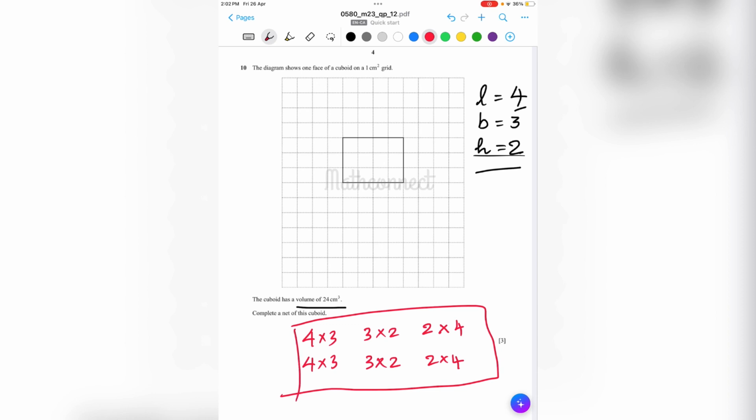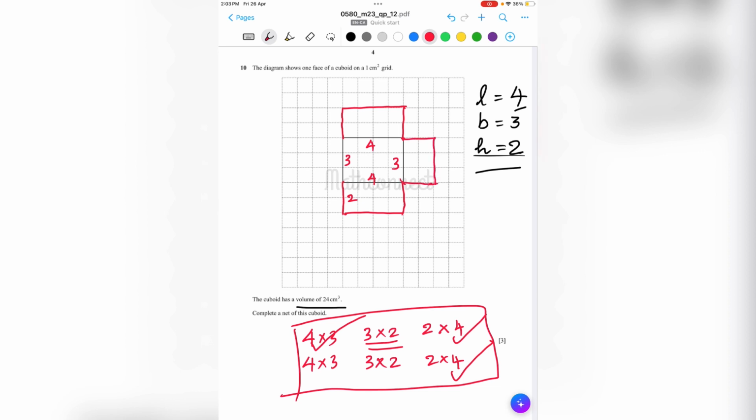So here we have 4 times 3 already drawn. So we can place 4 times 2 up here, and similarly down here. So this is going to be 4 and this is going to be 2. So here we have on the side 3. So this is done for us, and one of this is also done. Now we need to place 3 by 2. So I'm on the 3. I'm going to make 3 by 2.